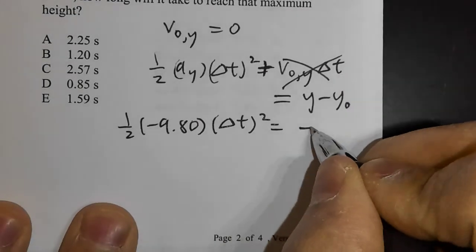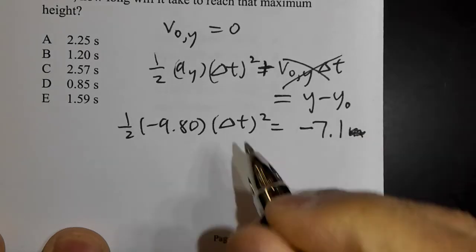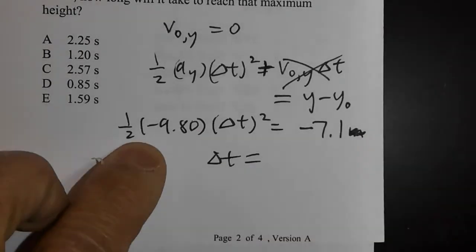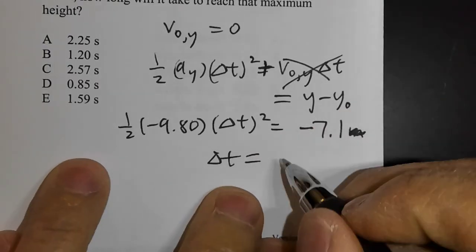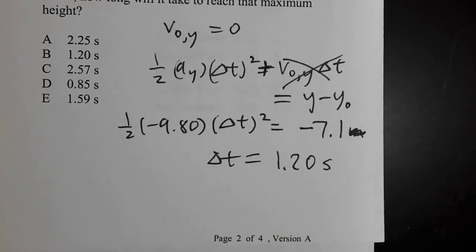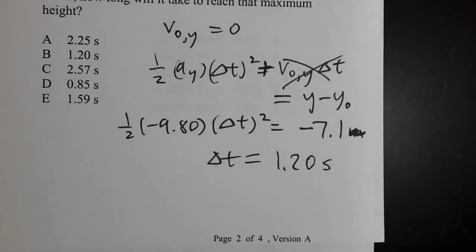Y minus y0 is negative 7.1 meters. Let's not use the units. We multiply by 2, so 14.2 divided by 9.8. The minus signs go away, and we get 1.44. We have to take the square root as well, so we take the square root of 1.44 and get 1.2 seconds.